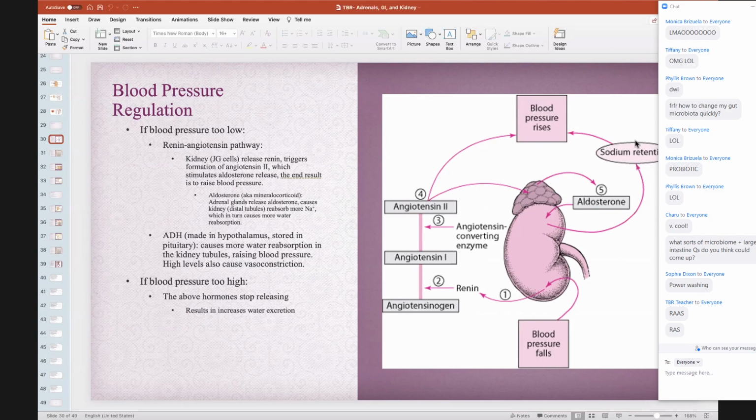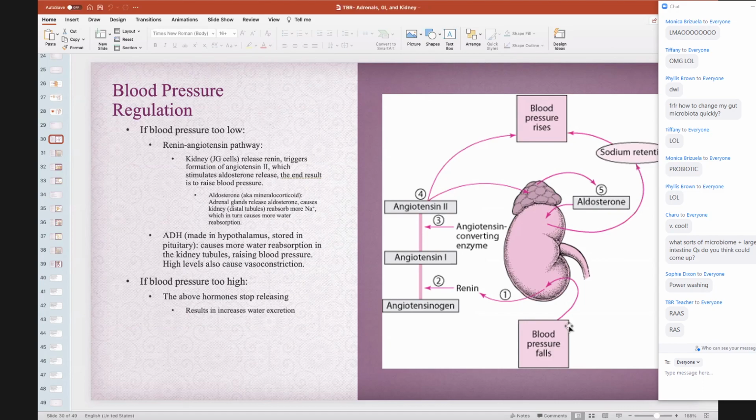So what exactly is this? This only kicks in if the blood pressure is too low. If we are hypotensive, the kidney arterial cells that are right next to the glomerulus will recognize, hey, the blood pressure is a little bit low.